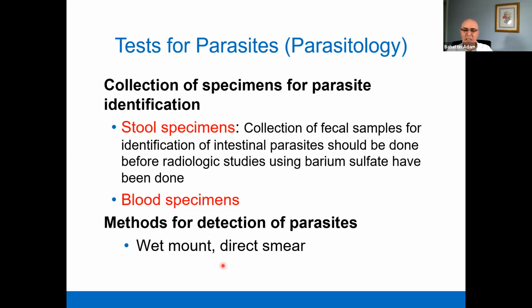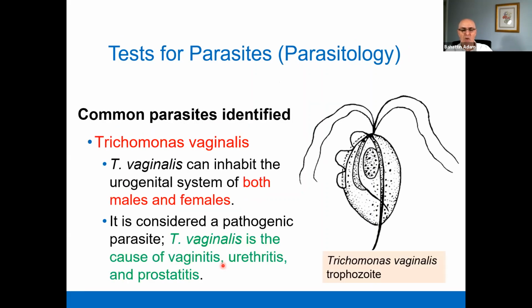Okay, the methods for detection of parasites, wet mount or direct smear, are also the most common techniques in parasitology. And I am going to show you here the Trichomonas vaginalis that can inhabit the urogenital system of both males and females.